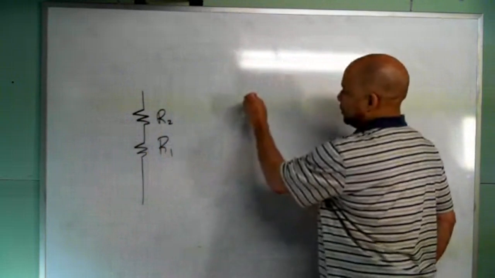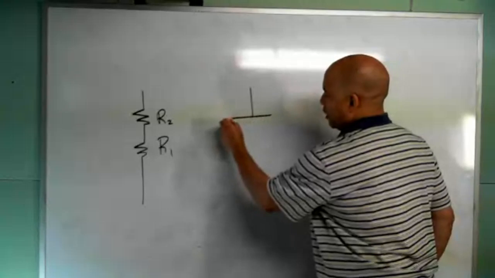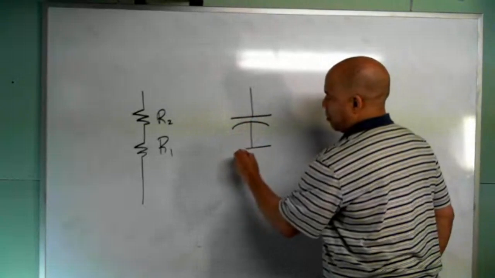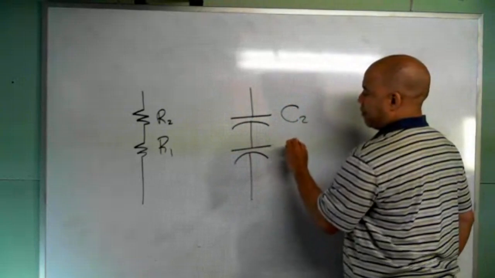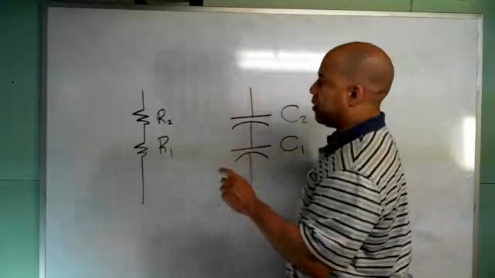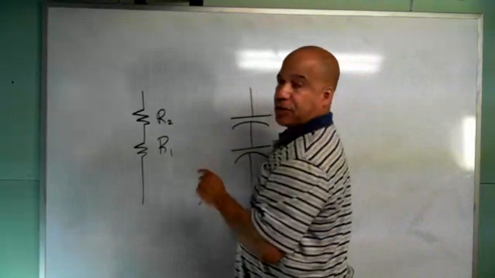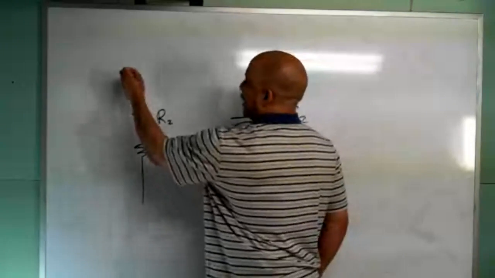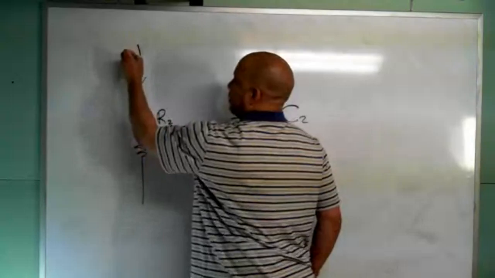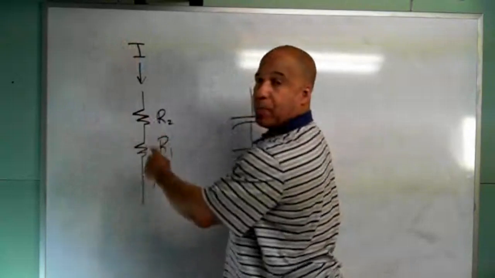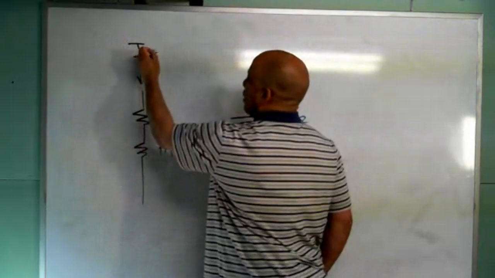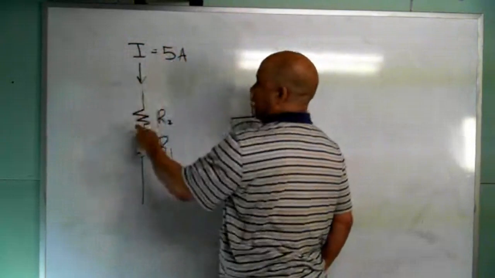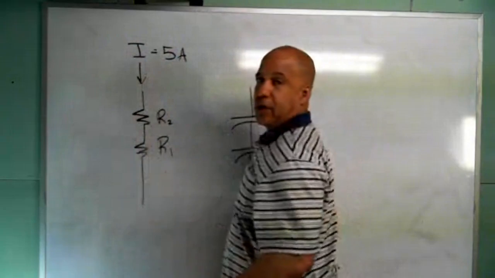And I got capacitors in series. Here's the way you draw a capacitor symbol. C1 and C2. What we learned about resistors in series and current is that if current flows into this circuit, since there's only one path of current, the current is the same everywhere. So if I say the current is 5 amps, it's 5 amps everywhere in the series circuit.